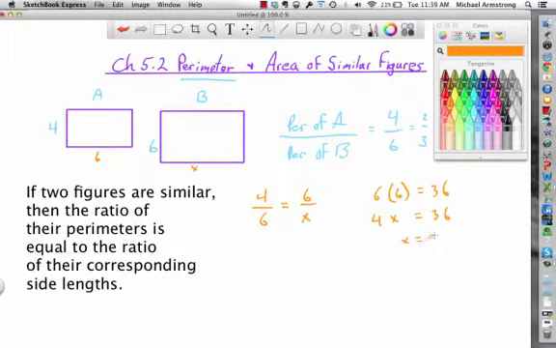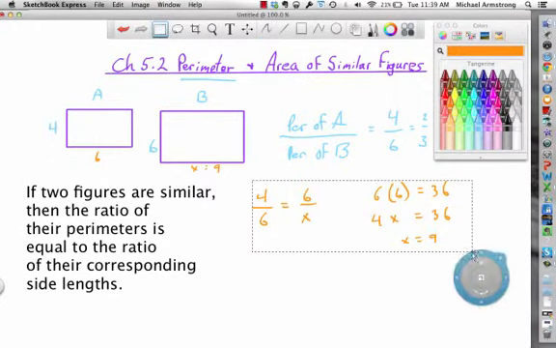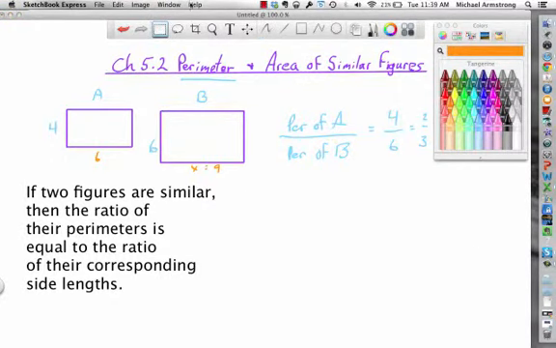X has to be 9. So we're going to put 9 in over here. So we used a little algebra there to find out how to make these two rectangles similar.